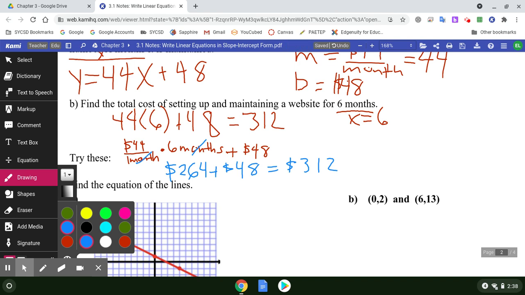So that's why we're taking the rate of change and multiplying it by X, and that ends up converting those units to the same units as the output so that I end up with the number of dollars.